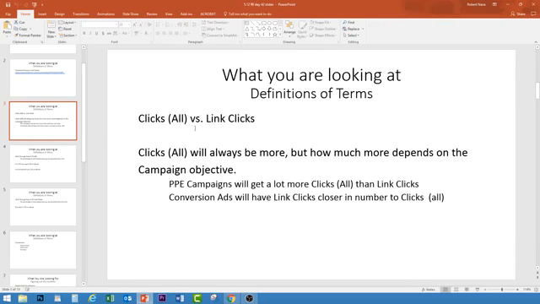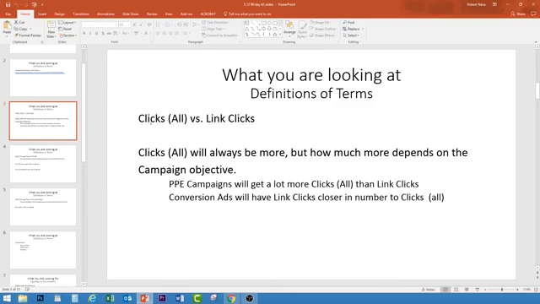So link clicks and clicks, there's a big difference, and I'm going to show you what all of this is within the reporting. I'm going to go over the technical stuff in the slides, and then we're going to go to the reporting section in Business Manager, and actually look at this stuff in action.